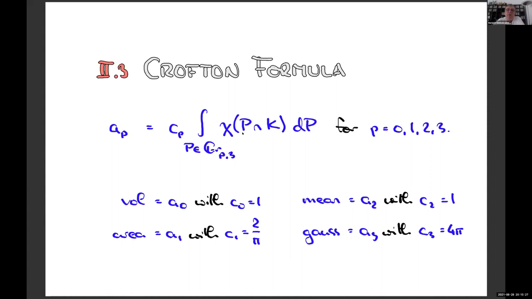Now we integrate over all planes intersected with the ball. Now, how many planes do we have? For a plane in 3 dimensions, we first fix, say, a normal direction. The amount is 4 pi.